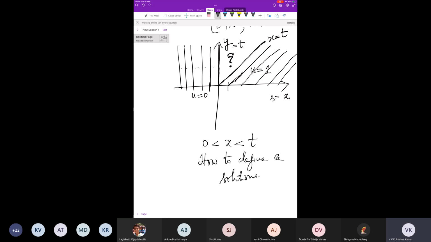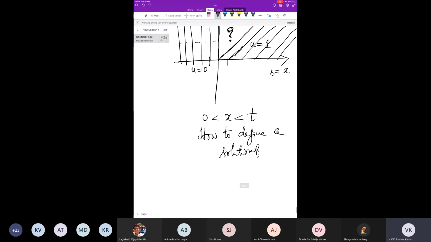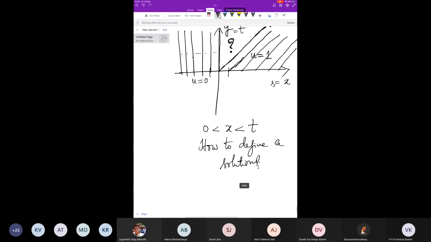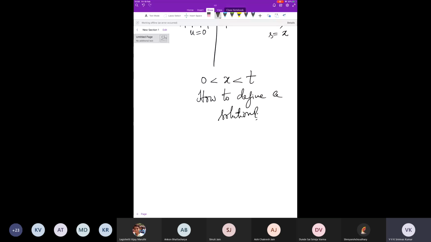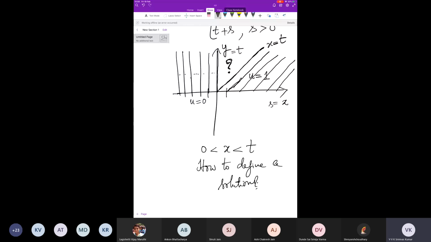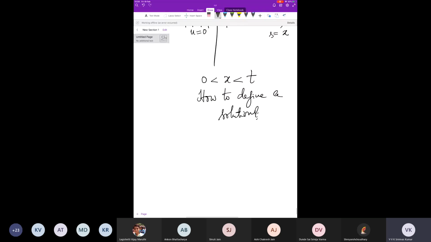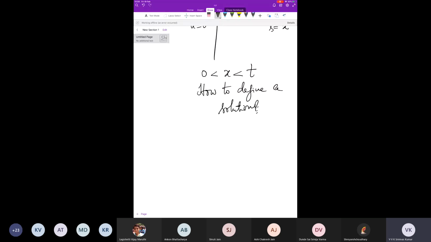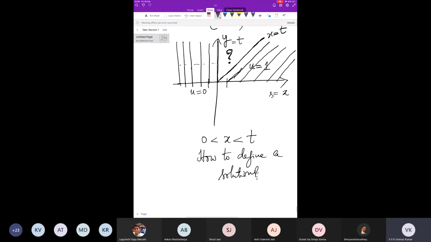In this case we want a continuous solution. So let us say, why not consider there is a shock, and we can also define something like x is equal to t by 2. On the left hand side of the shock take these lines, and on the right hand side take these lines, and draw the characteristics as this.